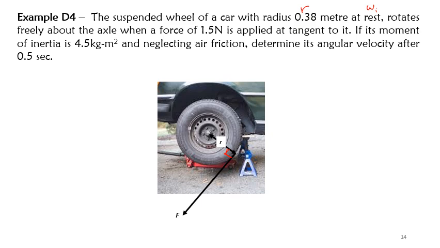Its moment of inertia I is given. Determine its angular velocity omega F at time t.